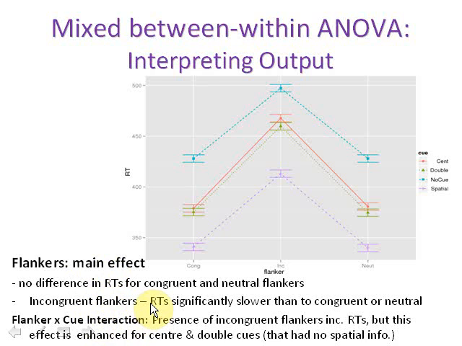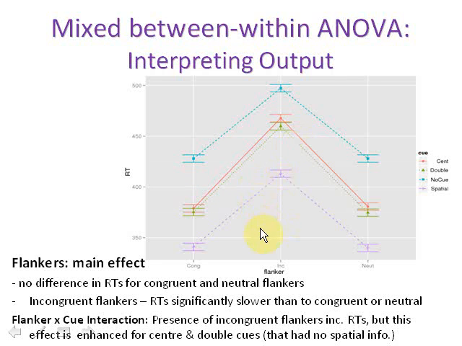And then there's also an observable interaction. If you compare the means of these two, either the centre or double one, compared to the case when the incongruent flanker is present, the difference there is about 99 or 100. Whereas if you compare these two, the difference is not quite so large, it's more like 70.